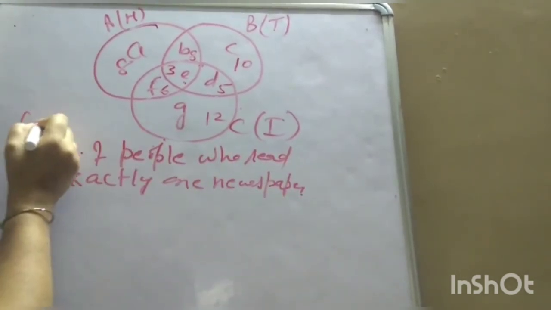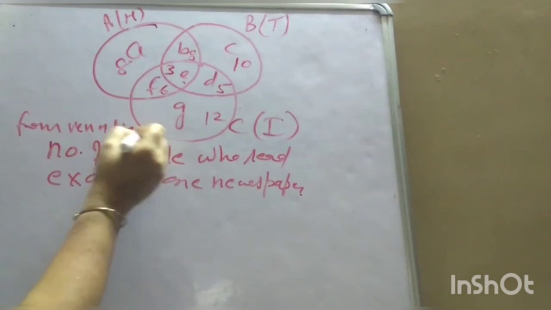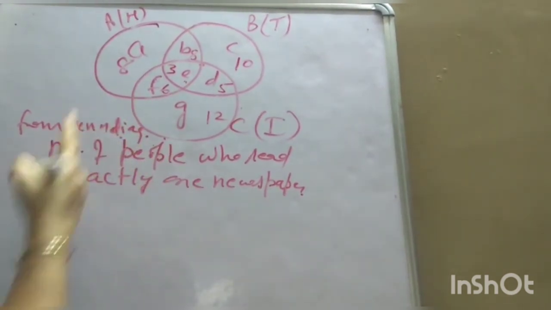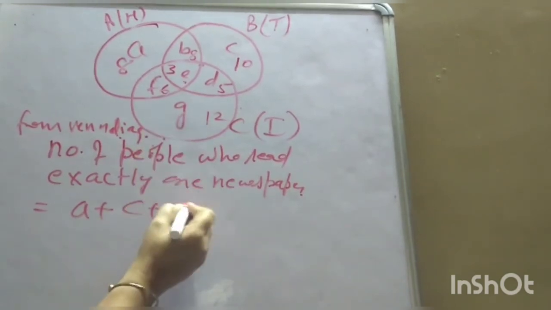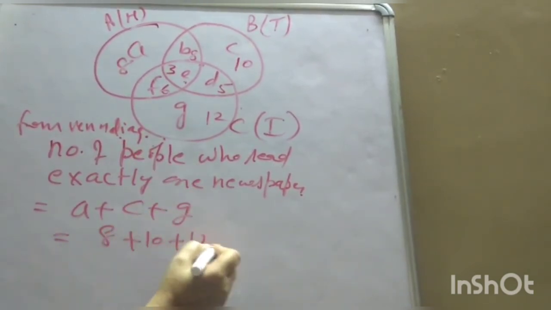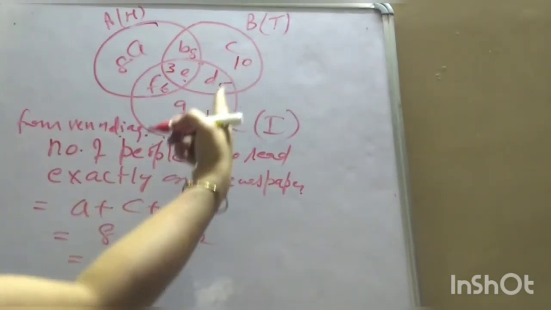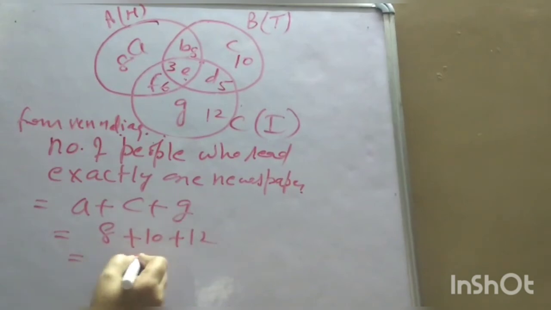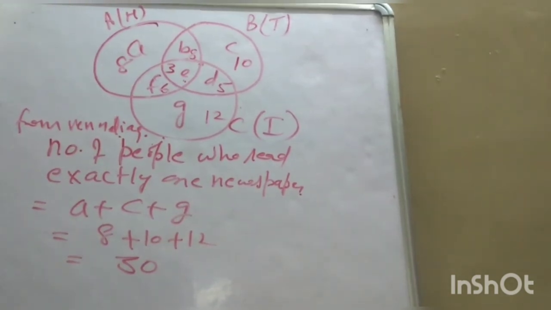So from the Venn diagram, this is equal to A plus C plus G. It means 8 plus 10 plus 12. It means 30. So there are 30 people who read exactly one newspaper.